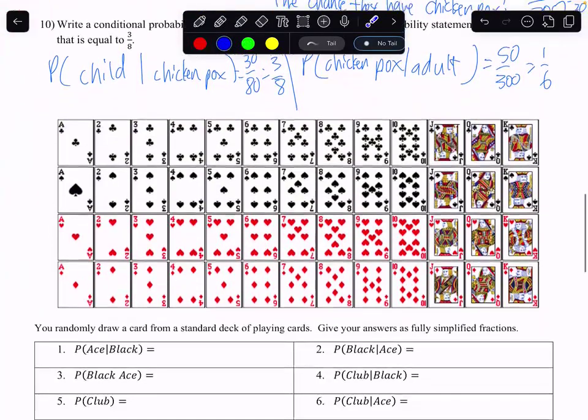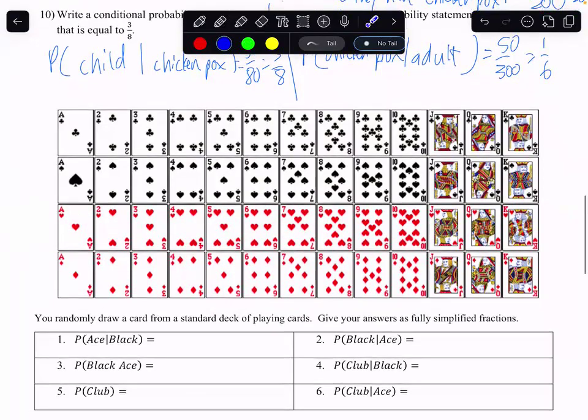Here you're drawing a card randomly. The cards are face down, so you don't know which one you're going to get. These are all separate problems, so don't worry about whether you shuffle the card back in. Each problem, you're starting from the full 52 card deck. Make sure you look carefully.